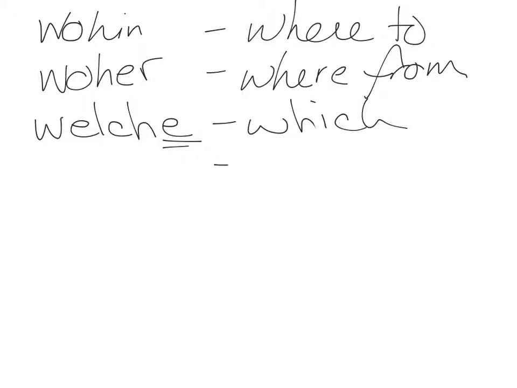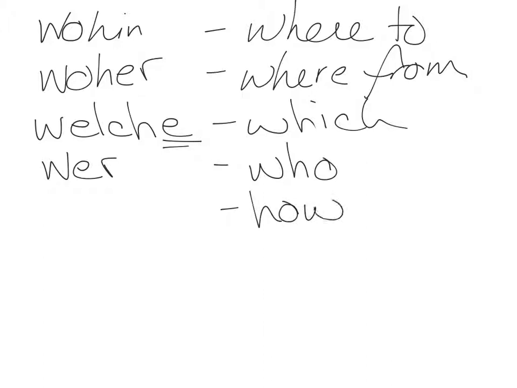Wie sagt man who? How do you say who? Wer. Good. A lot of people confuse that with the word for where because it sounds so similar. Okay, so everybody, wer. There you go. What about how? Not wie, but wie. Everybody, wie.